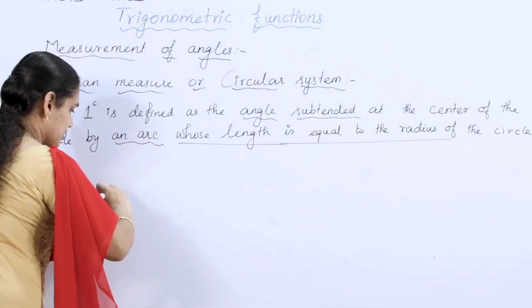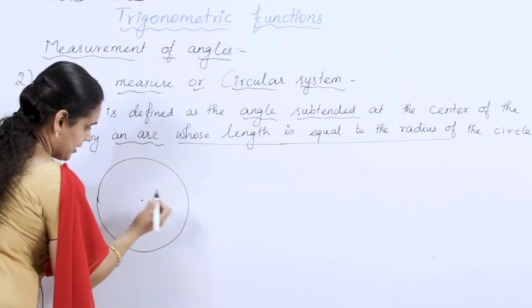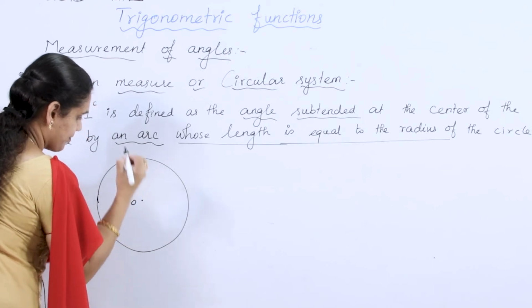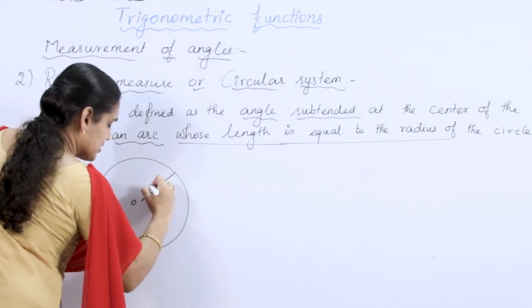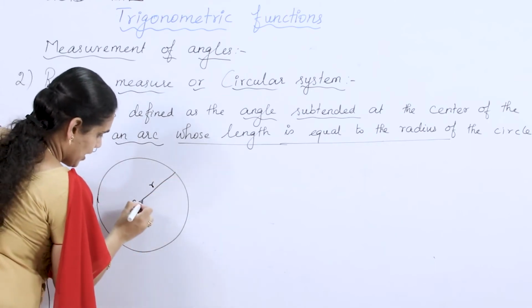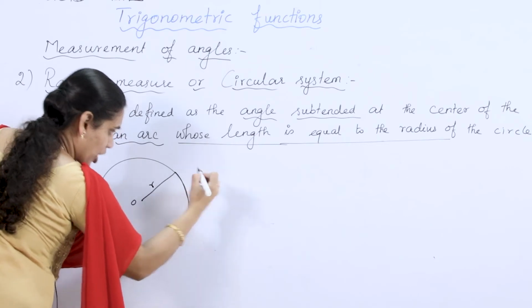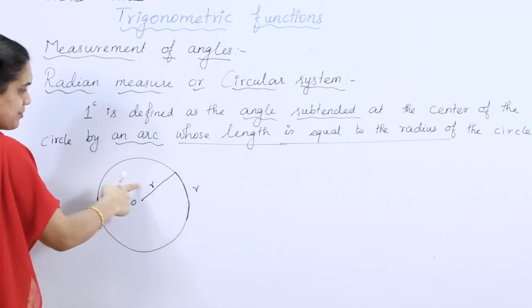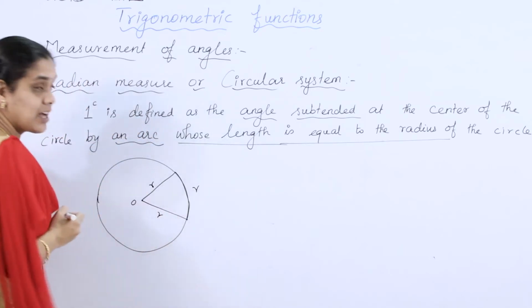See, let us take a circle, right? And here is the center O. If the circle has radius r, and if you take an arc length that is also equal to r unit. Alright, if it is 3 centimeter, this is also 3 centimeter, and here this is again radius r, right?